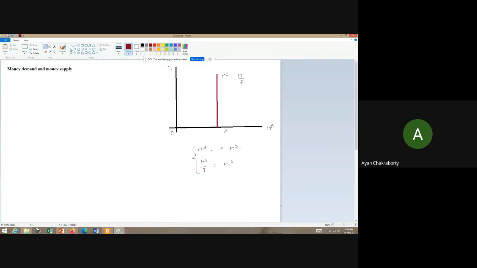Sir, why measure in real terms? I'll come to this question a little bit later. One reason is that, I mean, this will not satisfy you, but when we are talking about the money demand, price has to be brought into the picture.